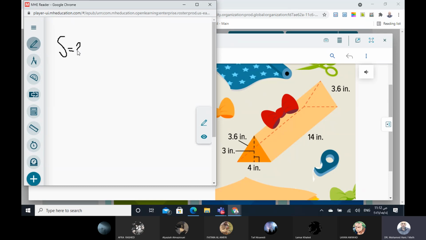So here we have 2 times. How to find the area of the triangle? The rule will be 1/2 multiplied by the base. The base will be 4. Multiply by the height. The height, as you see here, will be 3.